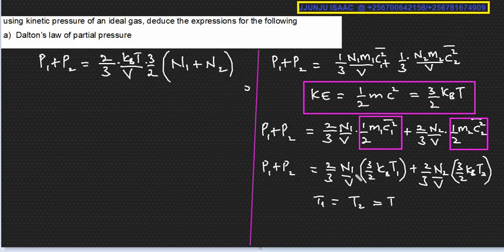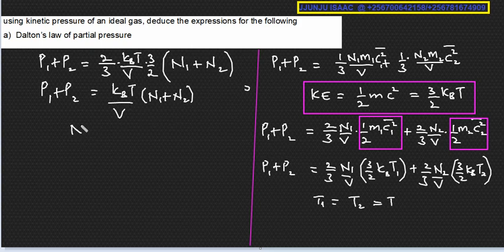Okay, so this is the same because this is representing the temperature, representing kinetic energy, where T1 is the same as T2. So now you can see the 3 goes and the 2 goes. So you have P1 plus P2 equal to kB T over V, then N1 plus N2.